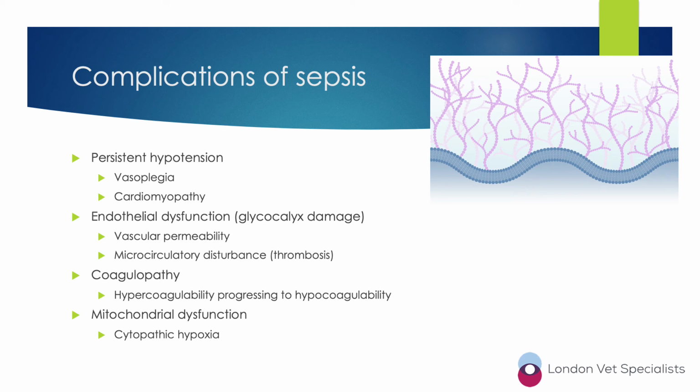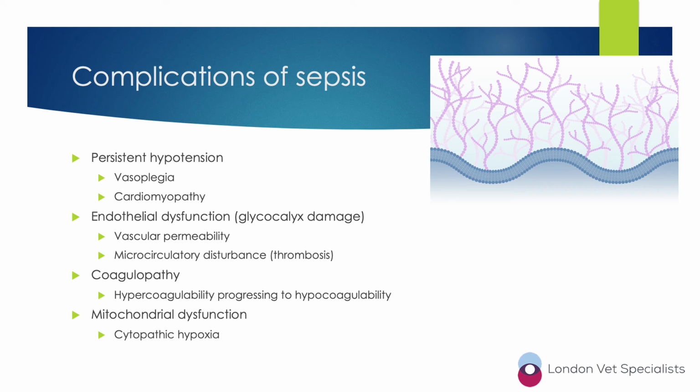The endothelial layer usually has this glycocalyx, which is important for controlling vascular permeability and maintaining normal coagulation, so neither hyper or hypocoagulation. But during sepsis, this glycocalyx barrier is often damaged, leading to tissue edema and disturbances in coagulation, such as disseminated intravascular coagulation in hypercoagulable states.